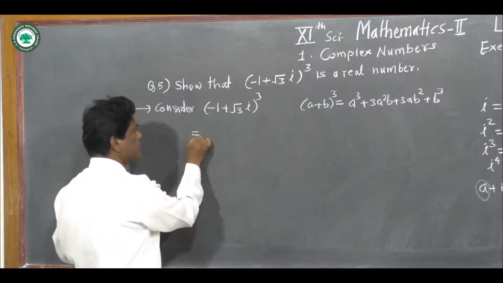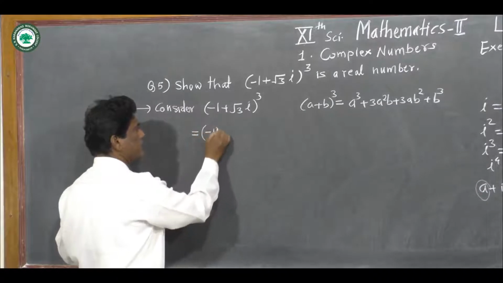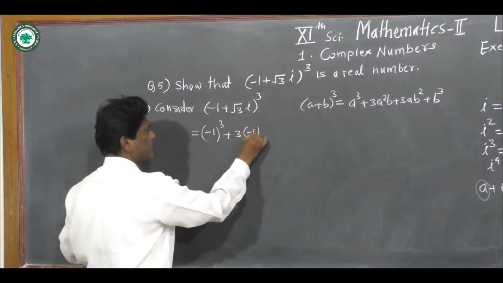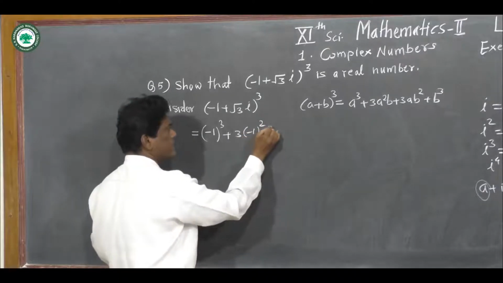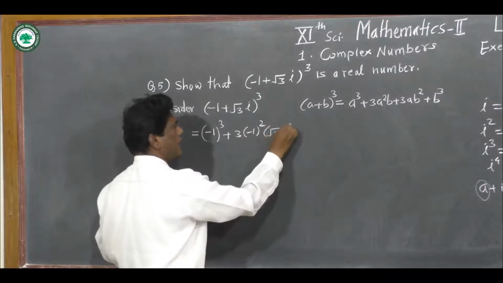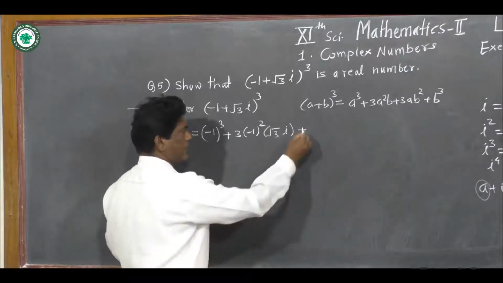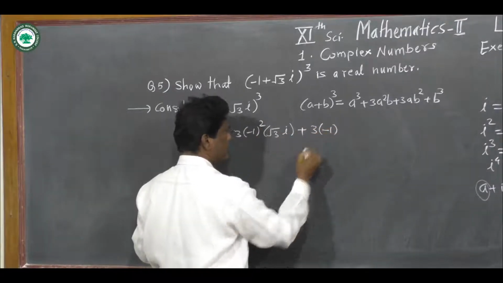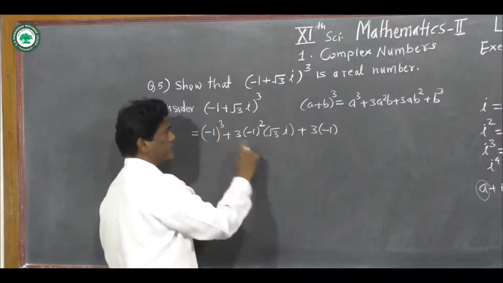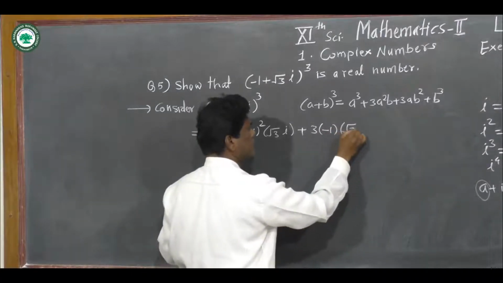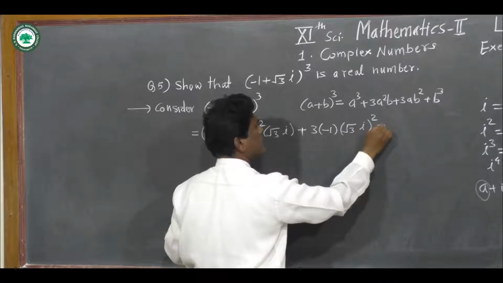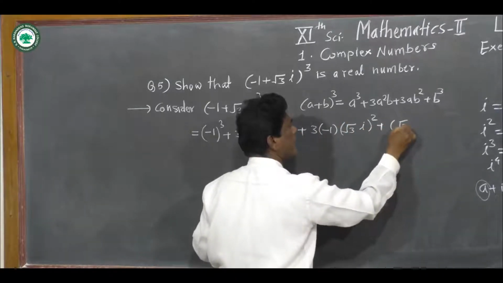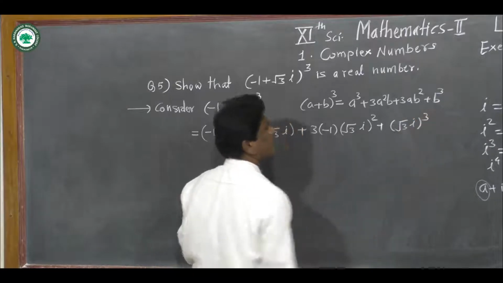So this is equal to (minus 1) to the power 3 plus 3 into (minus 1) square into root 3i plus 3 into minus 1 into (root 3i) square plus (root 3i) cube.